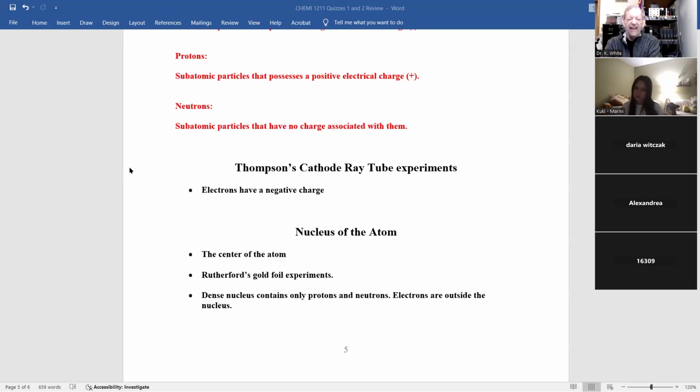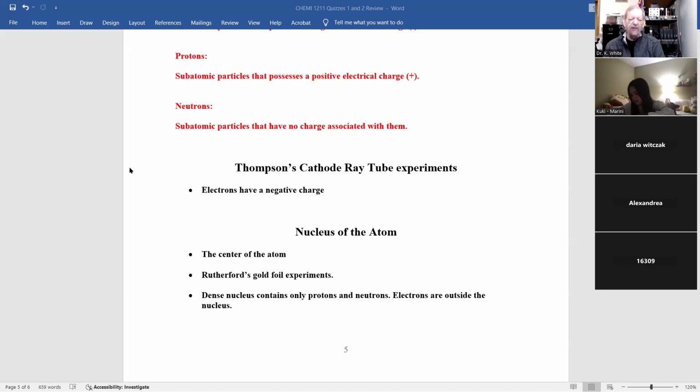All right, next we talk about the nucleus of the atom. And you should know that that's the center of the atom. Now, an important thing that elucidated, Dr. White used a fancy word. Elucidated means figured out, and that's Rutherford's gold foil.